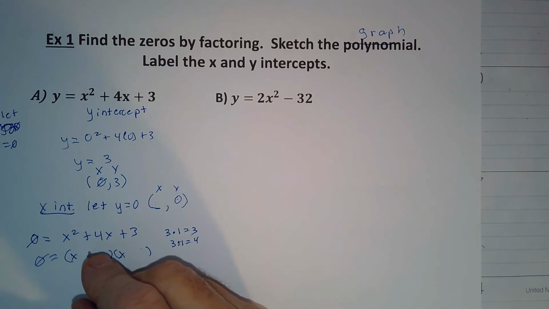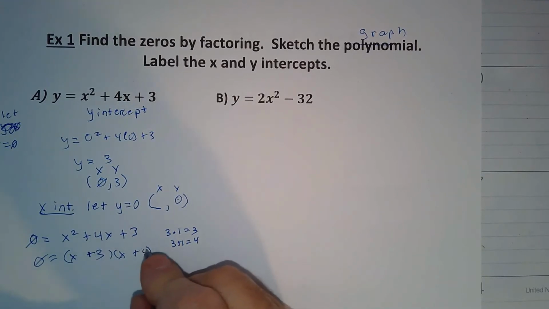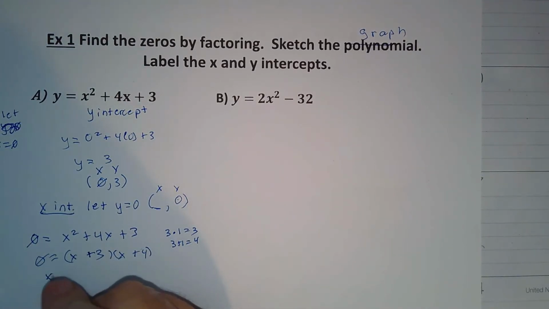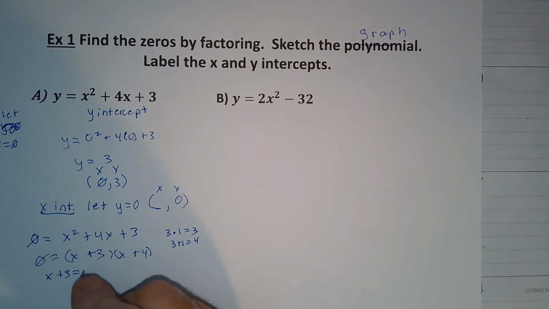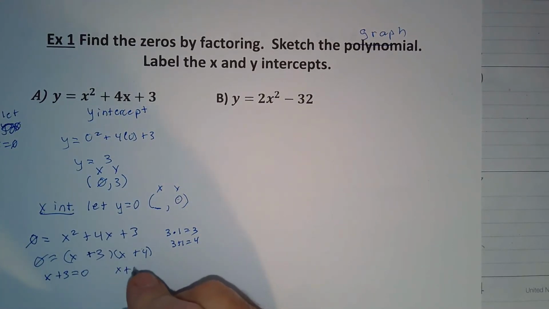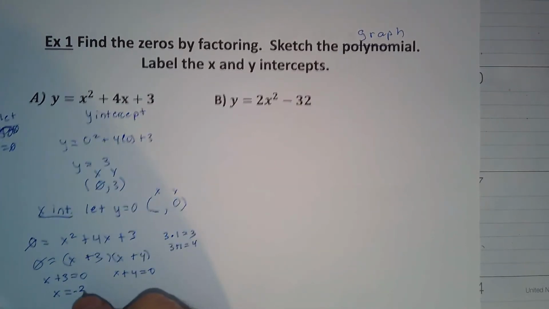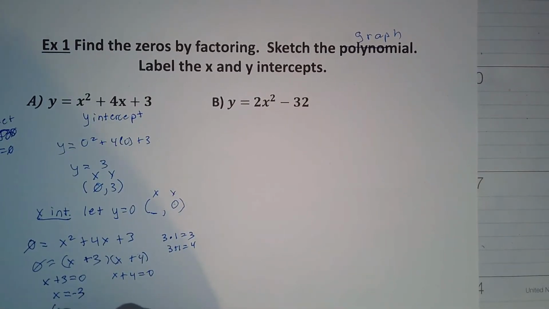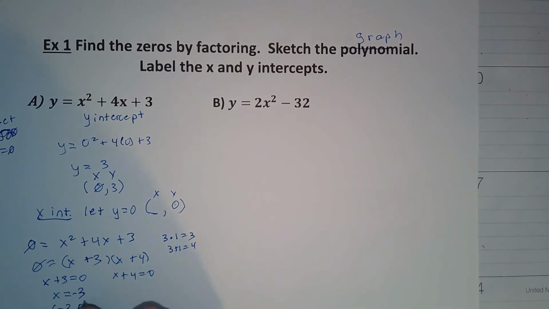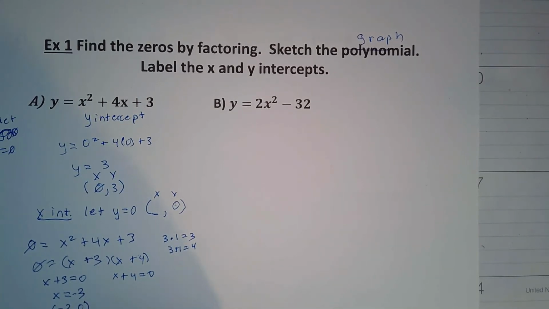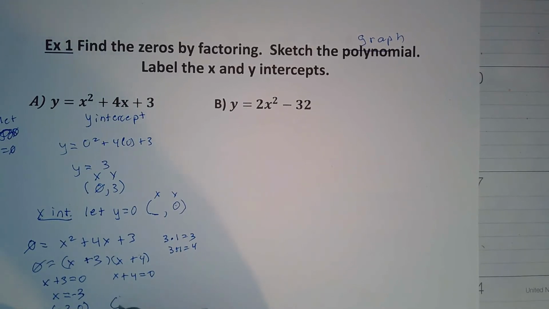So we're going to do plus 3 and plus 1. So that means in here, x plus 3 equals 0, and over here it's x plus 1 equals 0. And we know then that x equals negative 3 when y equals 0. And we know over here, x equals negative 1.